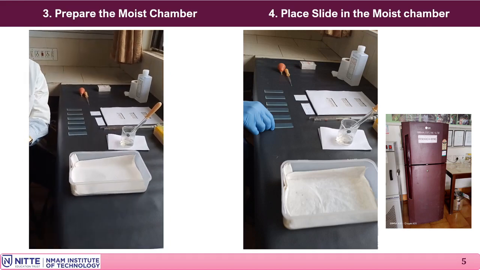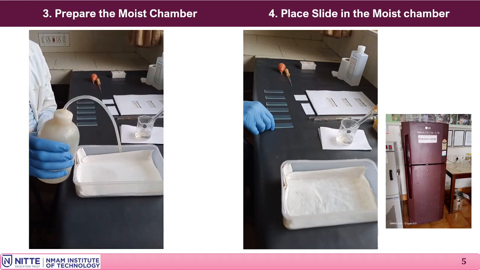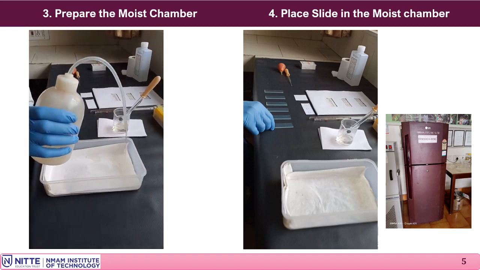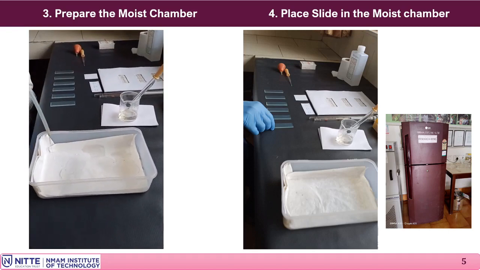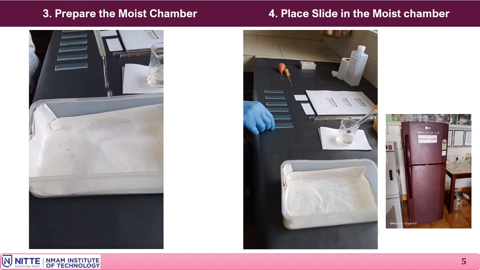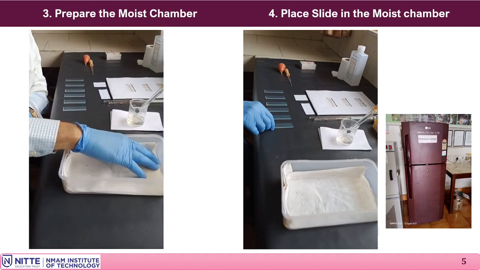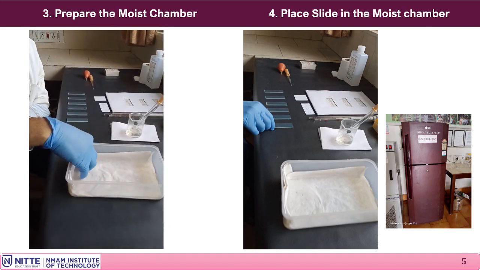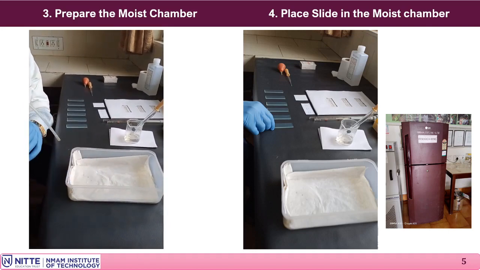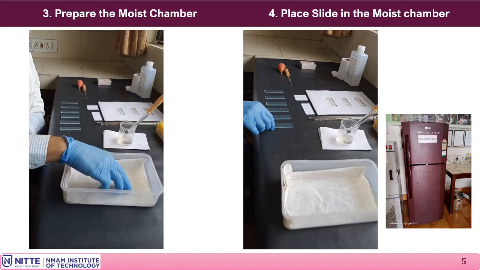After spreading the bedding of filter paper, moisten that filter paper with distilled water. Moisten it sufficiently, but do not flood it with distilled water. Once the filter paper gets moist, once again press it hard onto the base of the box. The moist chamber is ready.